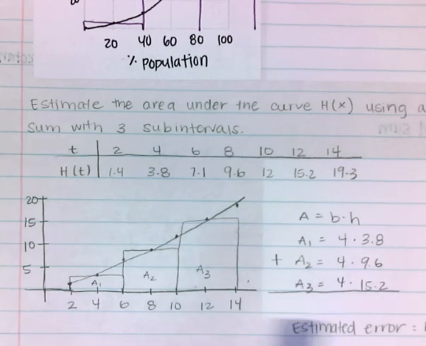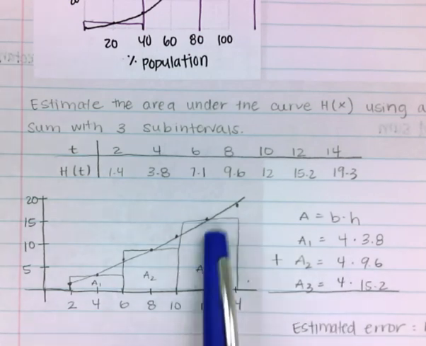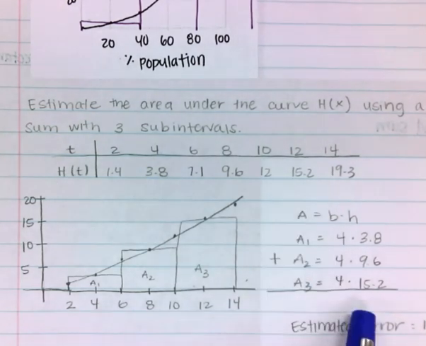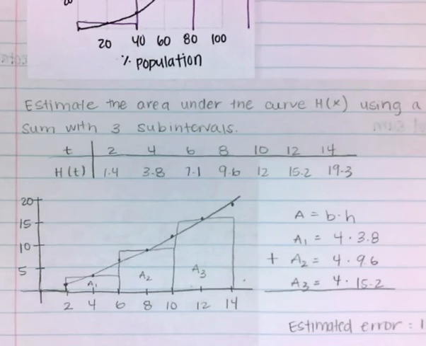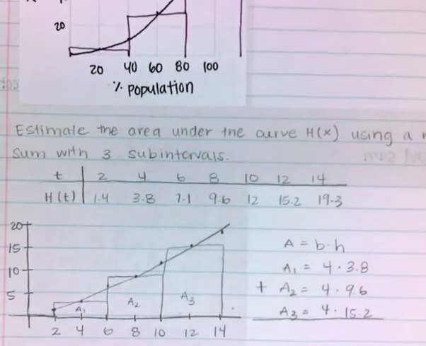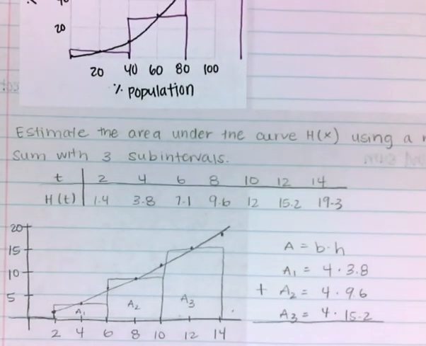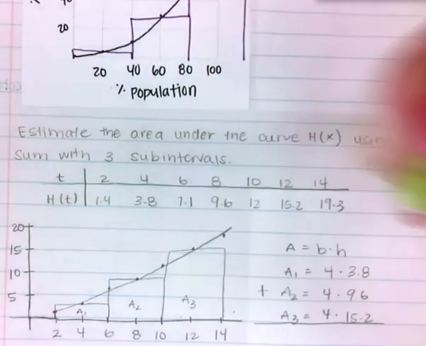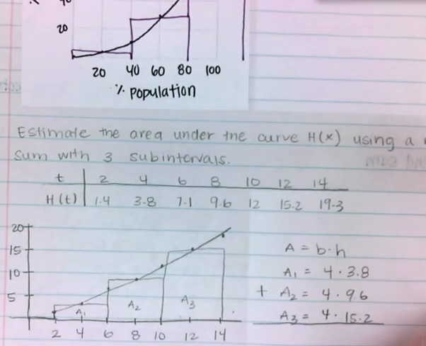And then my third one, again, my base is 4, and then my height at 12 is 15.2. So then I would have that. So then my estimated area would then be 114.4. Okay, so that would be your midpoint.